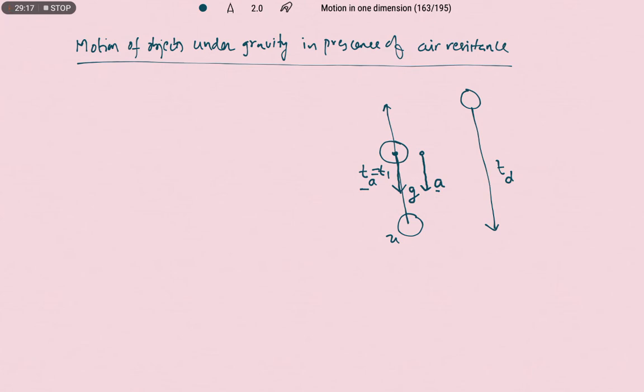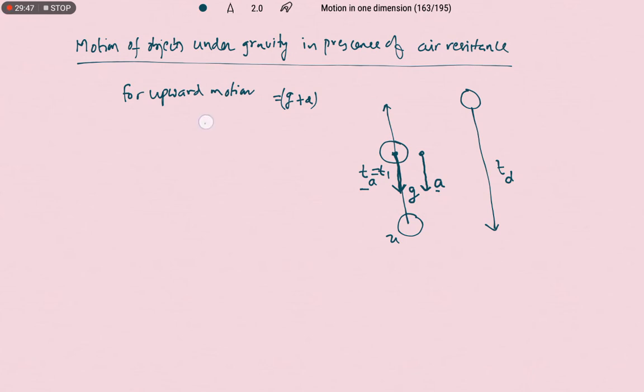Therefore, what is the net acceleration for upward motion? Acceleration becomes g plus a because both are acting in the same direction. Acceleration due to gravity is downwards, and in the same way the acceleration produced in the body due to air friction is also downwards. Therefore, net acceleration will be g plus a.